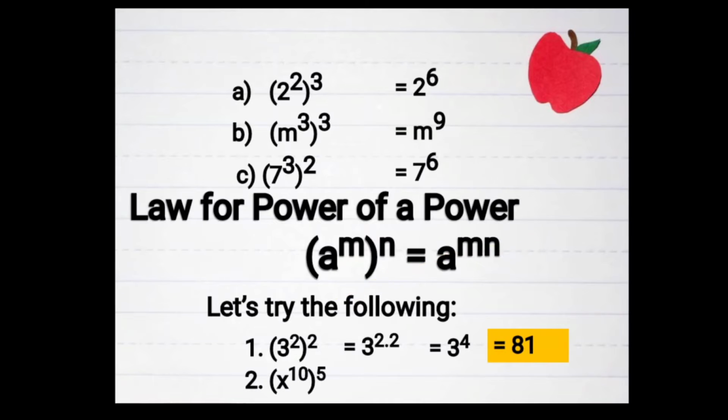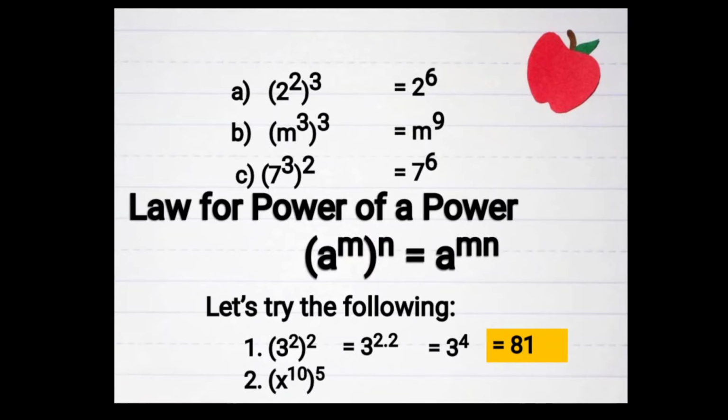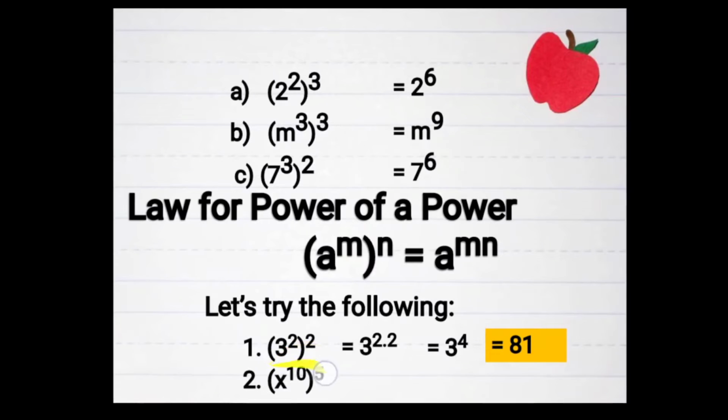Then number 2, we have x raised to the 10th power, then raised to the 5th power. Or simply, the quantity of x raised to the 10th power to the 5th. So here you have to multiply the exponents, then copy the base.